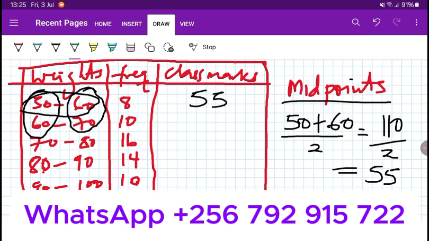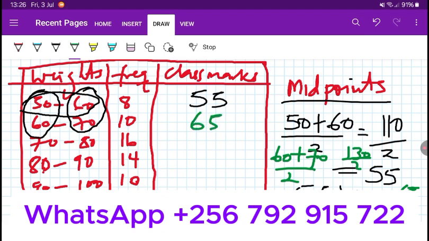So for the next class, it will be 55 plus 10. That will give you 65. Or you add your 60 plus 70, that will give you 130 divided by 2, that is 65. So either way, you will be right.